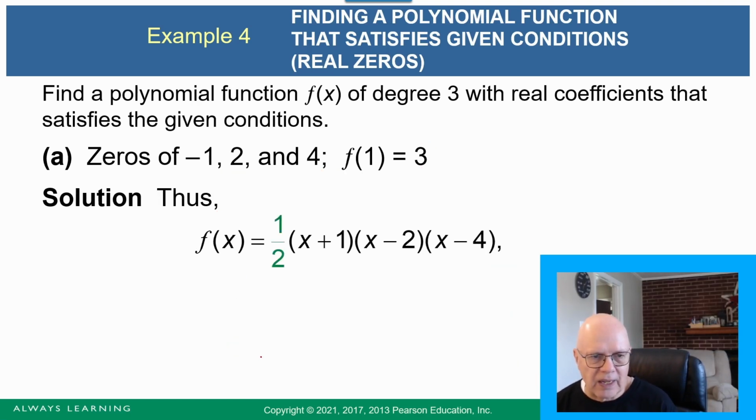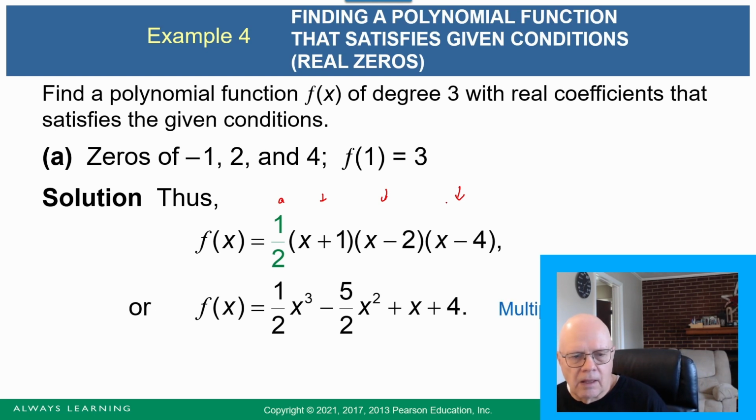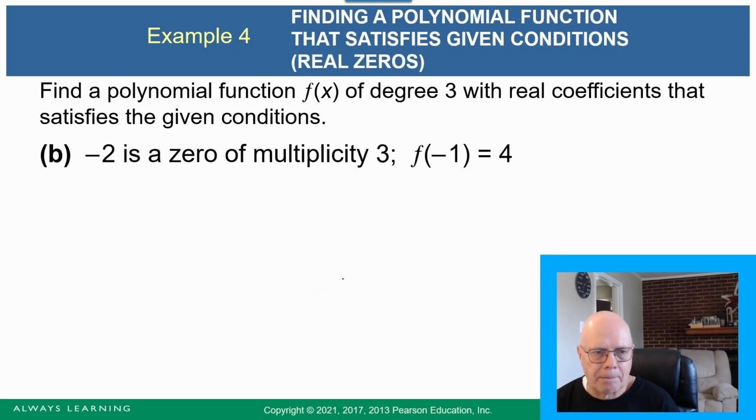We've got the real thing. So here's our function. Here's the a, and here are the factors from the zeros that we were given. Multiply that out, and there is our function in all its glory.